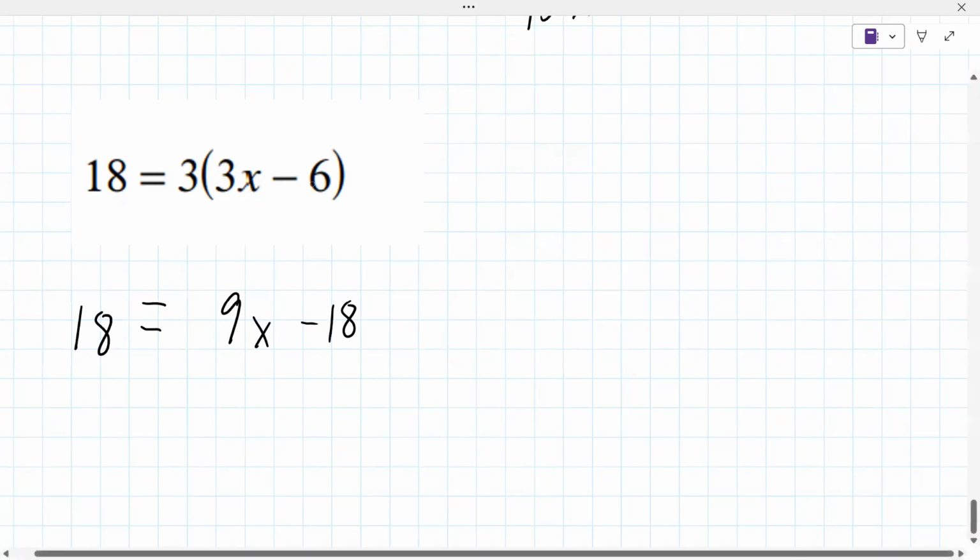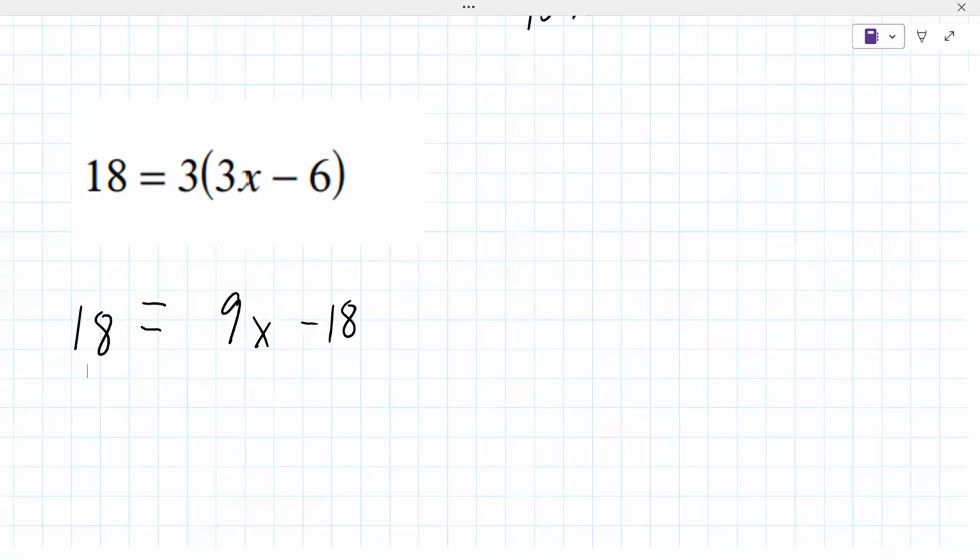All right, so why don't you solve this from here, please? Okay. Let's see. Plus 18, so 36, and x equals 4. X equals 4. Correct. Good.